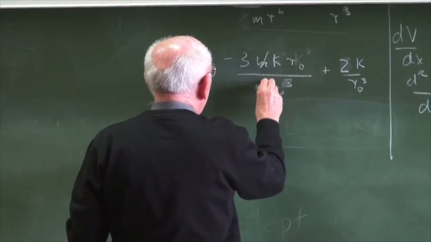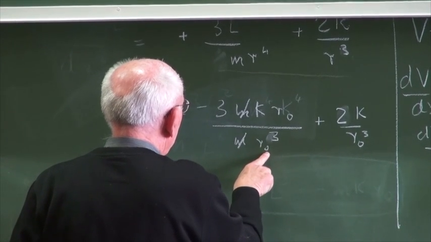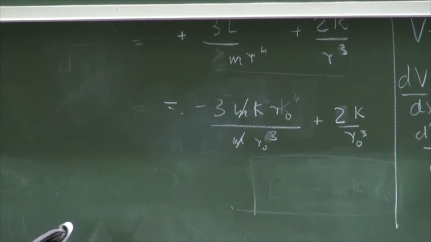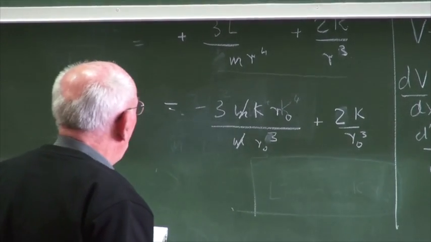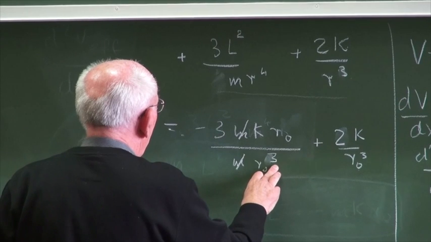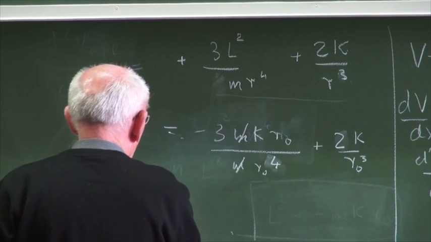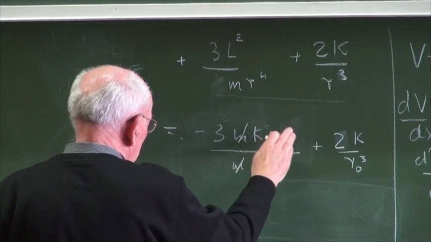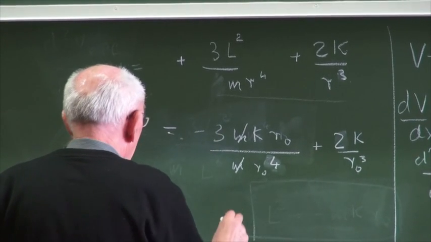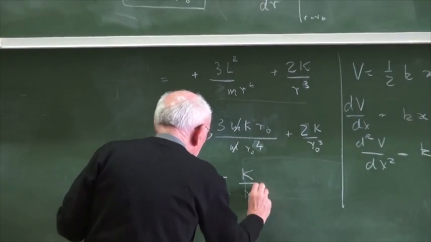And that I can cancel. Here, to the power 4. Okay? And now you see this, now I cancel that with that, then it becomes to the power 3, and that term is there. And so in general, I just get k over R0 to the third.